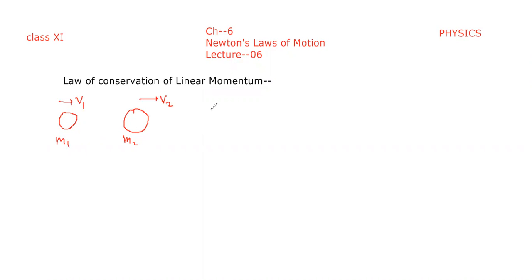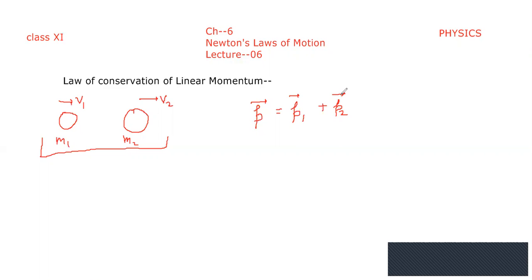So the momentum of the whole system, if we take both bodies as a system, is equal to P1 vector plus P2 vector. Okay, this line is clear or not? Tell me.